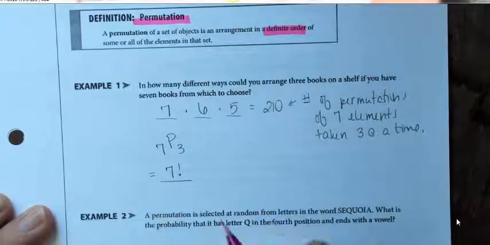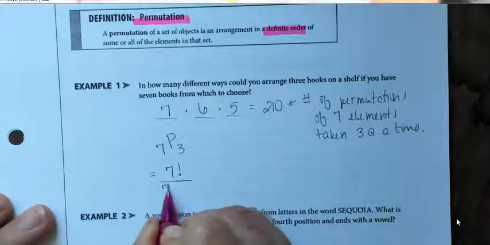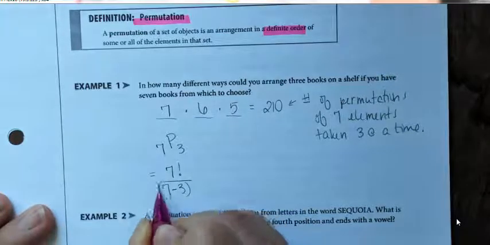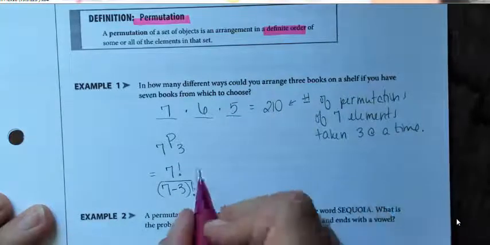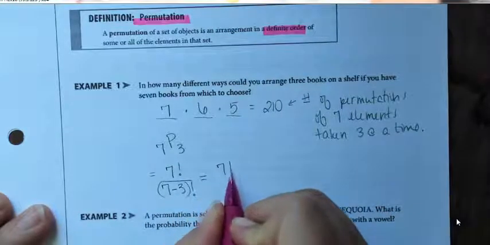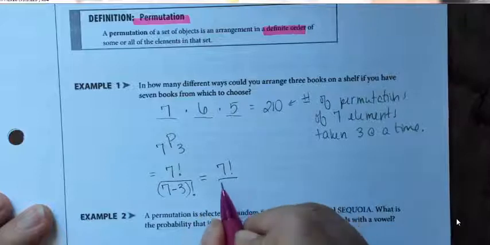And then in the denominator, you divide that by the number of elements minus the number of those elements that you're taking. So this would be 7 minus 3 factorial. So really this is then 7 factorial over 4 factorial.